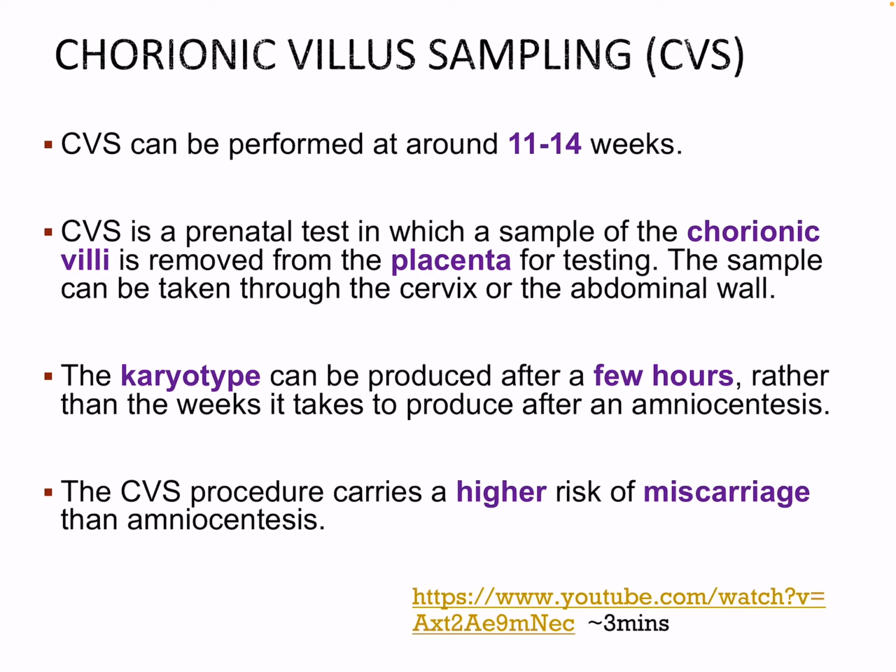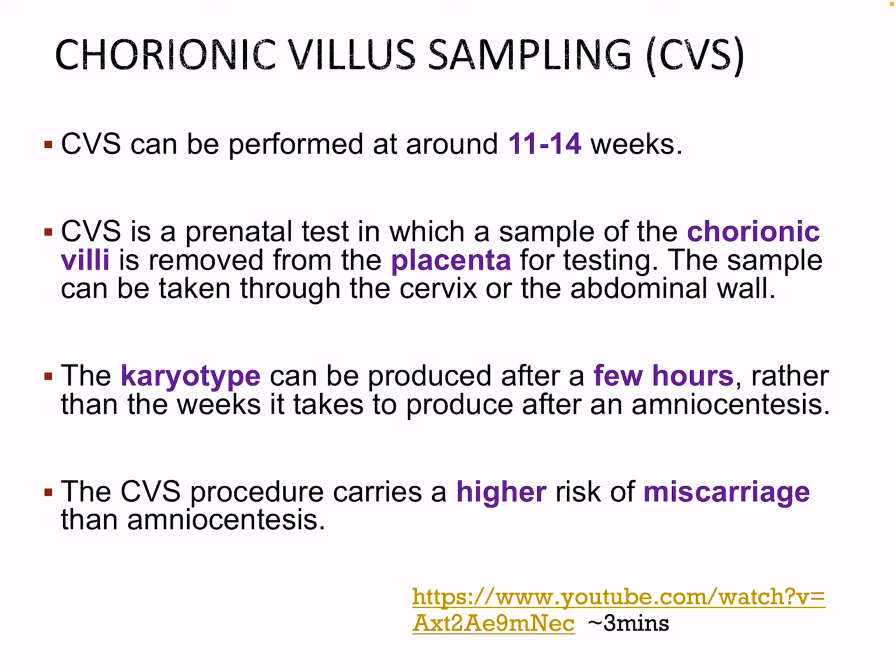So, chorionic villus sampling also involves getting a sample of the fetus's DNA. This can be performed slightly earlier in pregnancy at 11 to 14 weeks. And it means that a sample of the chorionic villi, the fetus side of the placenta, is removed for testing. And this can be taken through the cervix or the abdominal wall.